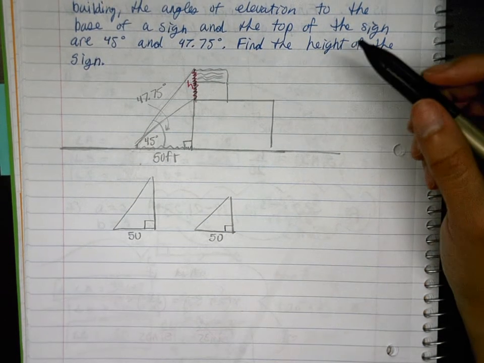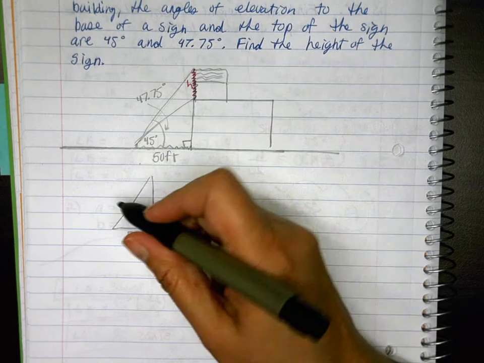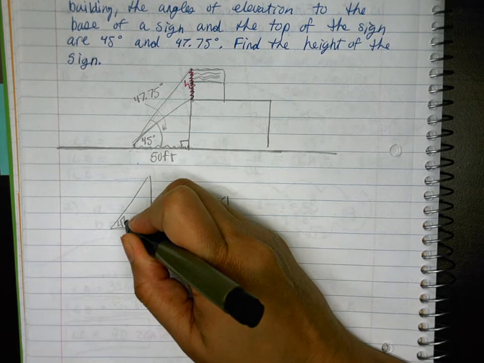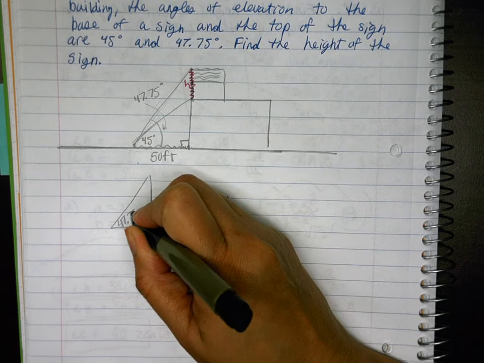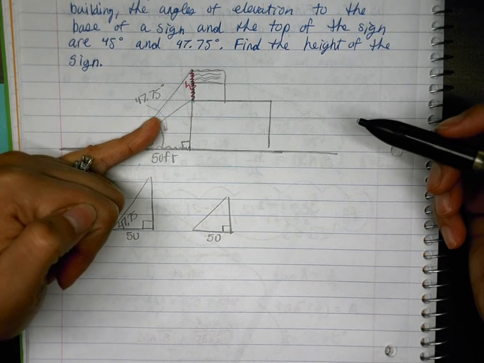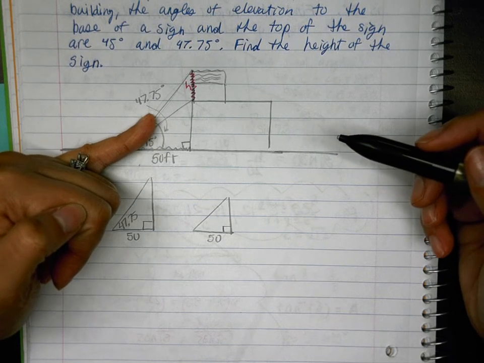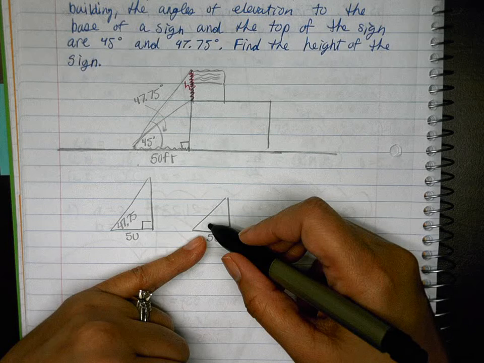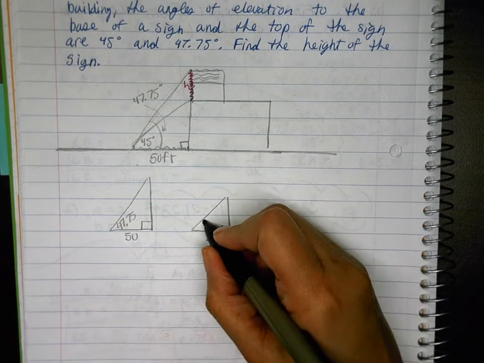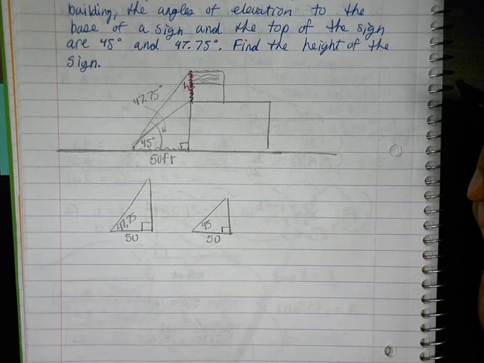Now the angles are not the same. The angle of the bigger triangle is the 47.75. And that makes sense because you're looking up to a higher height, so the angle is larger. And the angle of the smaller one is 45 because you're not looking up as high. Make sense?